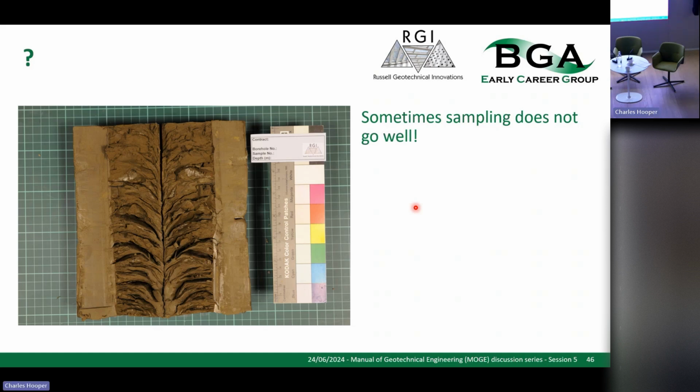The interesting thing about this is that I've been talking about UT 100s rather a lot. So we might expect that this is just a UT 100. I can tell you that it isn't. This is a rotary cored sample. It's supposed to be a very, very high quality sample.